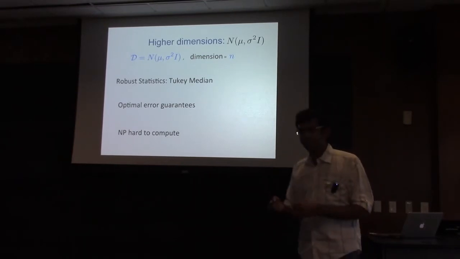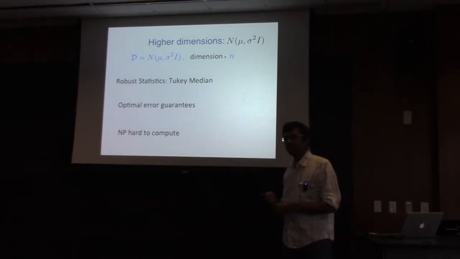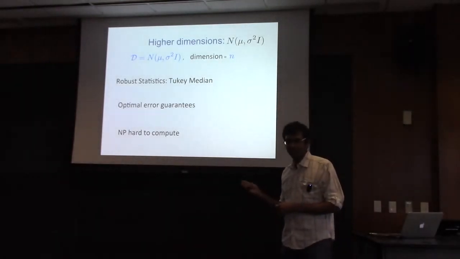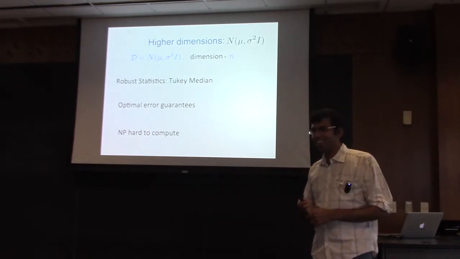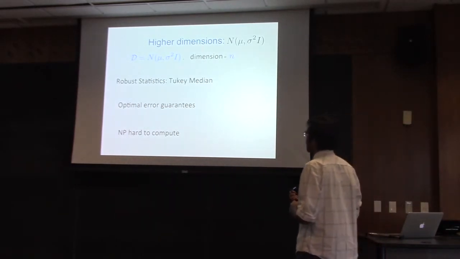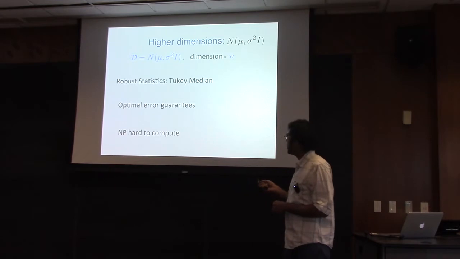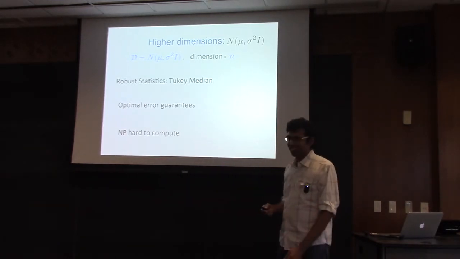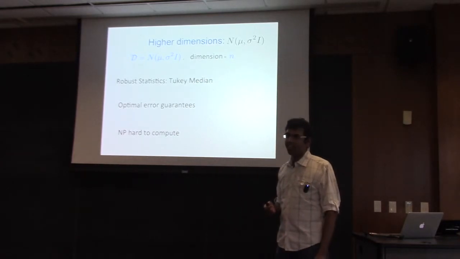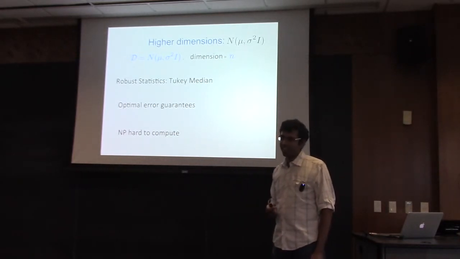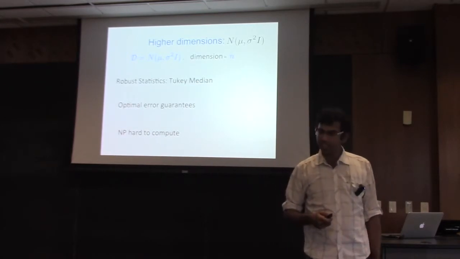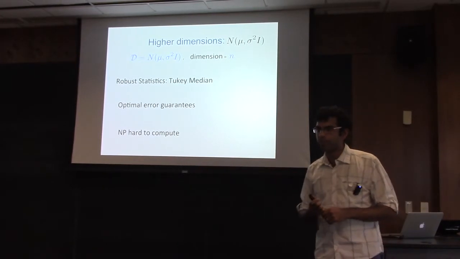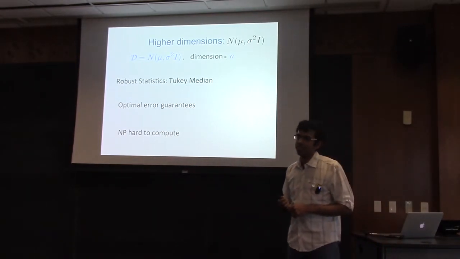There are approximations. I don't know if Gary remembers, but he has a paper from a long time back to compute a 1 over d factor approximation with Shongo and others. What is hard is, if I give you one and ask whether it is a median, but the question of finding one may not be hard. There's this question of whether this is a center point, and the other question is, find me one.